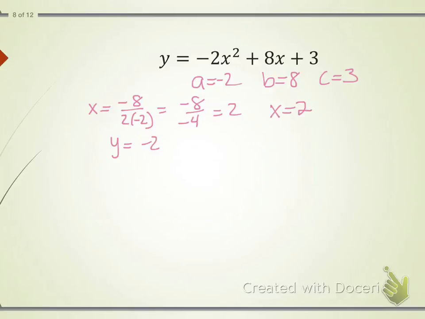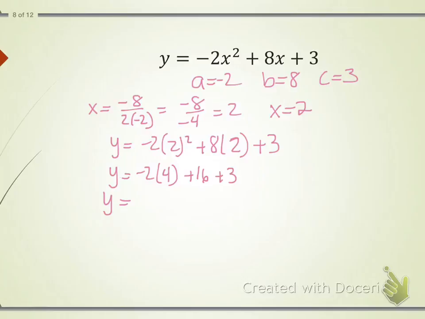Got to find my vertex. Negative 2 times 2 squared plus 8 times 2 plus 3. 2 squared is 4. 8 times 2 is 16. Negative 2 times 4 is negative 8.